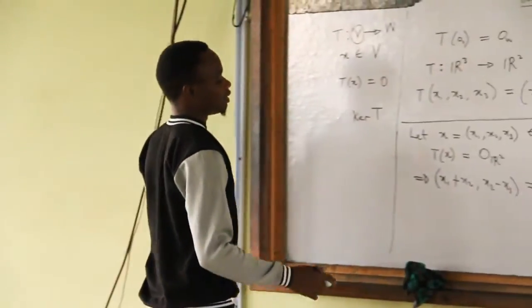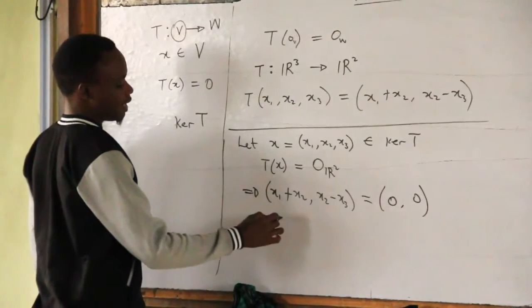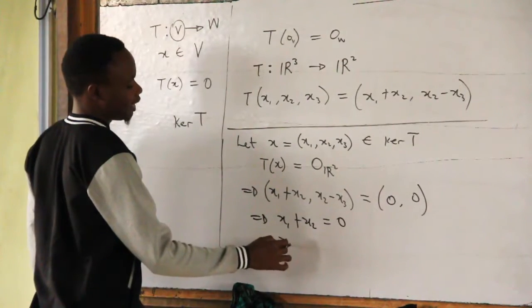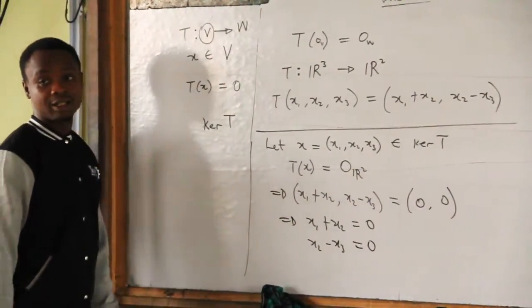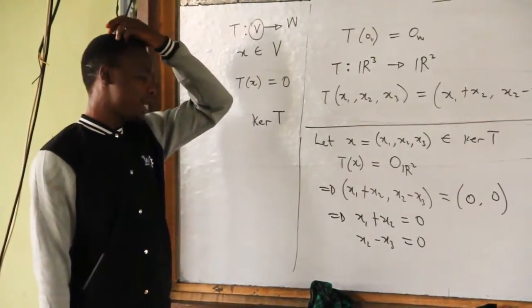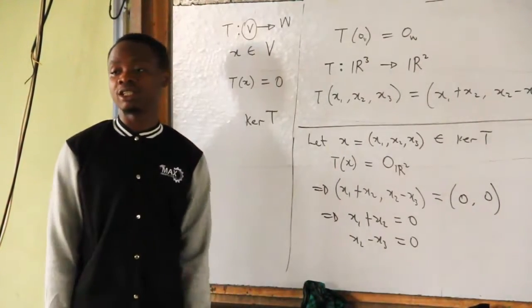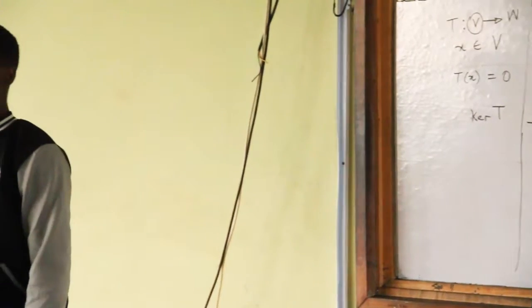Right. So this means that x1 plus x2 should give us 0, and then x2 minus x3 should give us 0. Is this clear? So these are the 2 equations we have here. You can see that we have 2 equations, but we have 3 unknowns. We need x1, x2, x3, but we have 2 equations only.